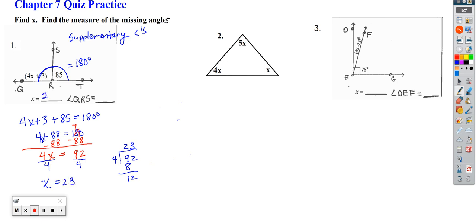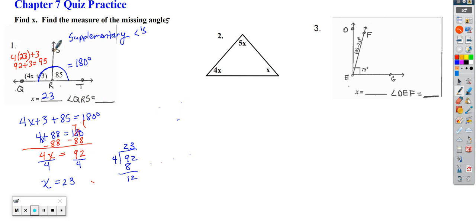So x is 23. Now we're not going to put degrees on that because that's the value of x. Next, it wants us to find angle QRS. That's this angle right here. In order to do that, I can just take what I know for x, 4 times x, which is 23, plus 3 will give me angle QRS. 4 times 23 is 92. 92 plus 3, that gives me 95.